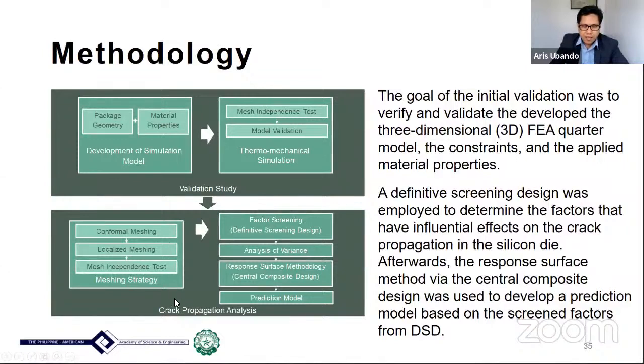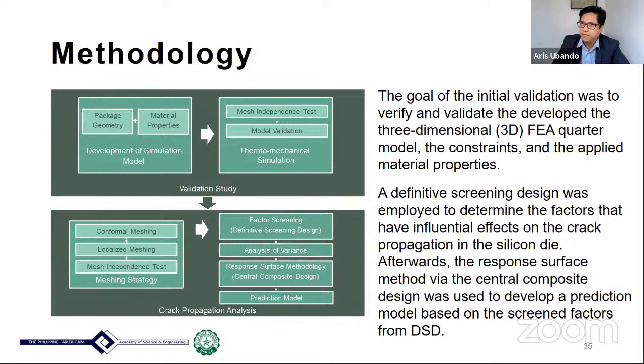Here we have applied conformal meshing in the meshing strategy. We also utilize localized meshing for the area of the crack, and have also done its own mesh independence test specifically for that area. Then we have applied a two-prong approach wherein we first screen the factors affecting the crack propagation by applying a definitive screening design approach.